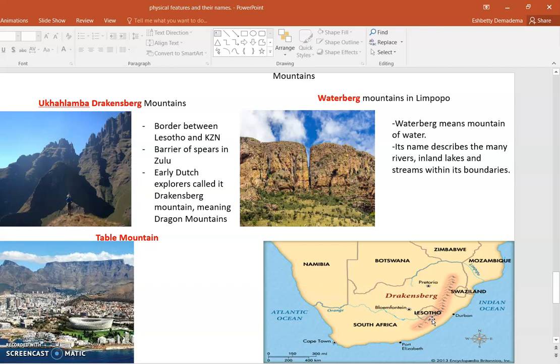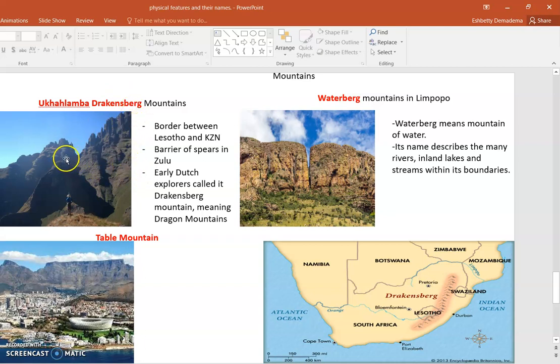Ukhahlamba is a Zulu word meaning the barrier of spears. If you look at this mountain here, it's like it's got spears. So it got its name from the Zulu nation, and they called it Ukhahlamba. And then Drakensberg comes from the Dutch explorers.